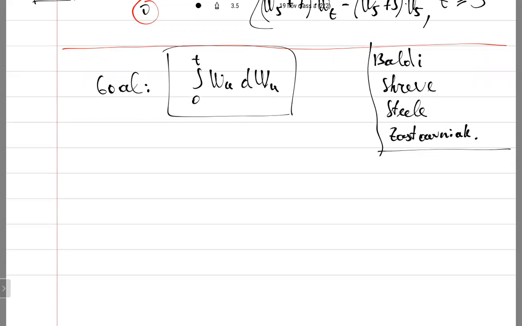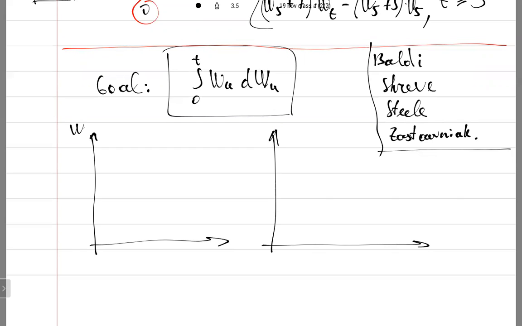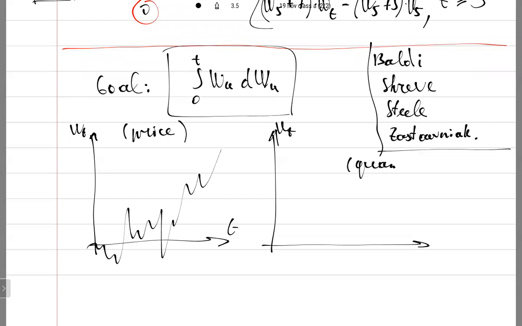So our goal is to calculate this integral. It requires me to have both price and number of cups be like W_t. So this price is W_t, and W_t is also the quantity of cups I have.